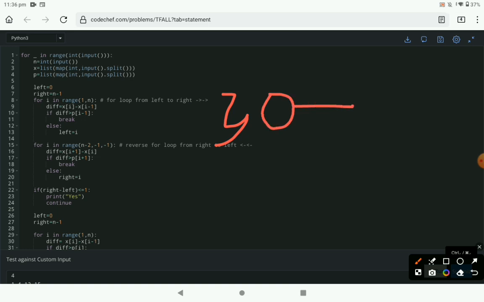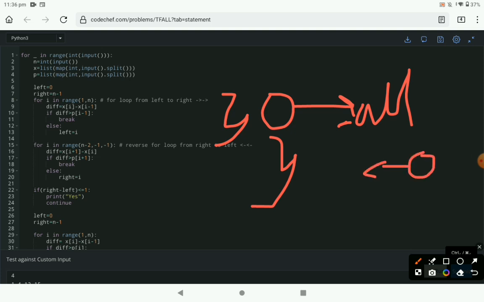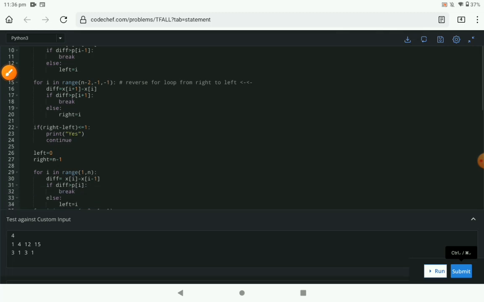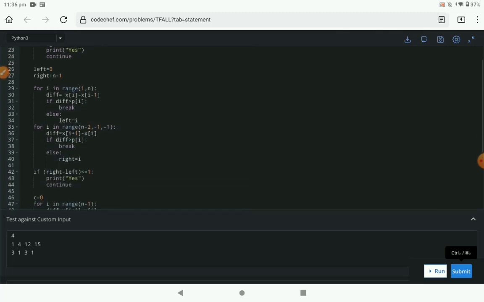It checks the ball from left to right. This one checks the ball from right to left, meaning the ball is coming from the right direction to the left, and it will activate all the balls. Is that clear?